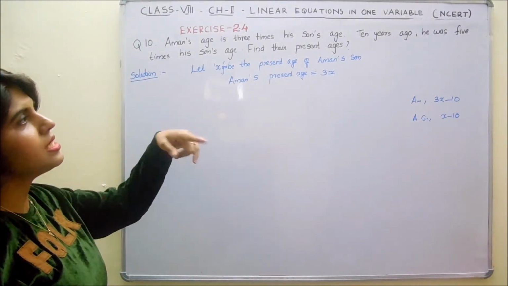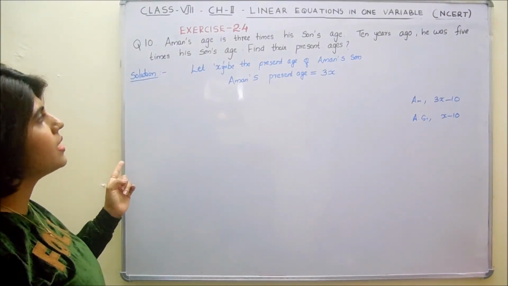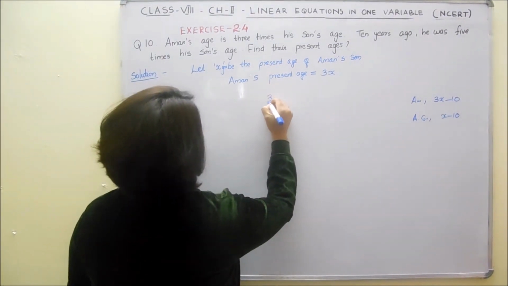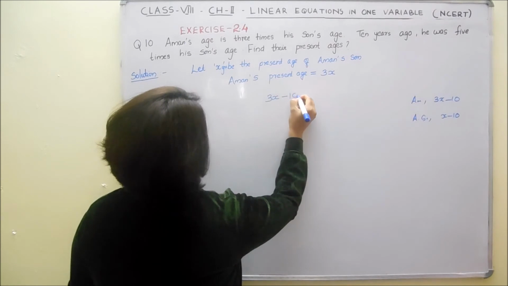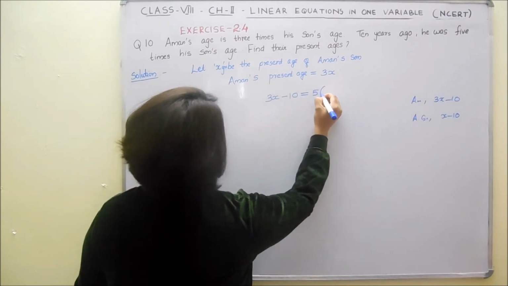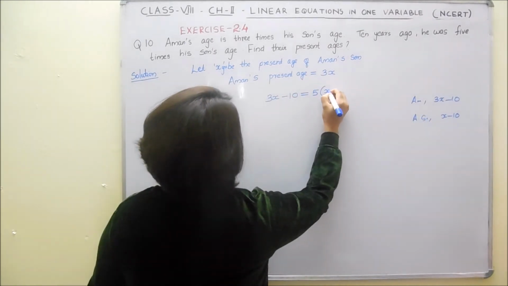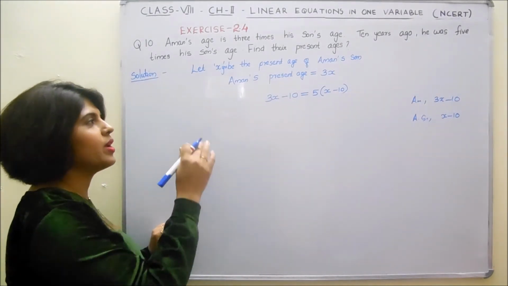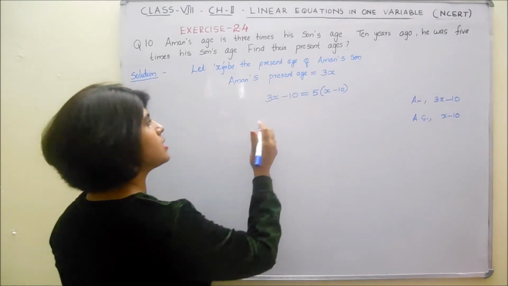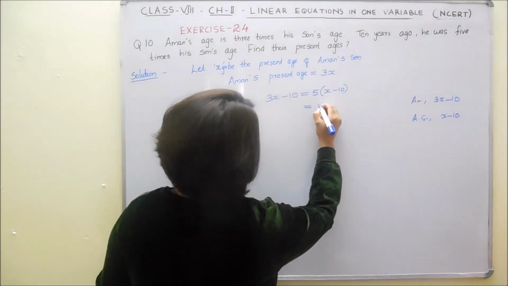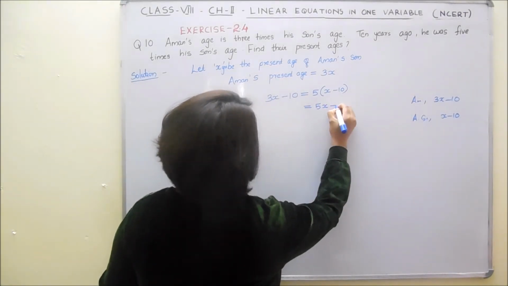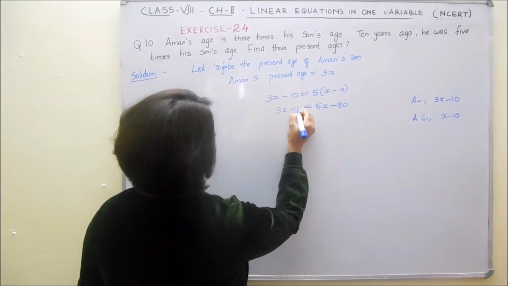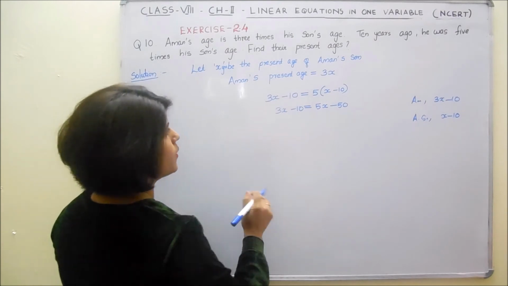It is given that 10 years ago, he was 5 times his son's age. So, Aman's age is equal to 5 times his son's age. Okay, now we got the linear equation. Now we can solve it. RHS it would become 5x minus 50. Right? Yes. Now we can rearrange the equation.